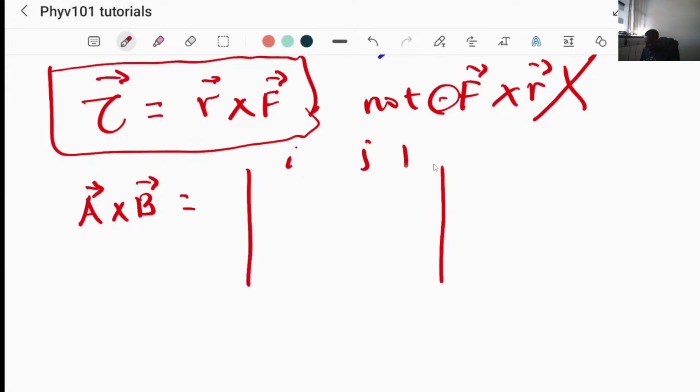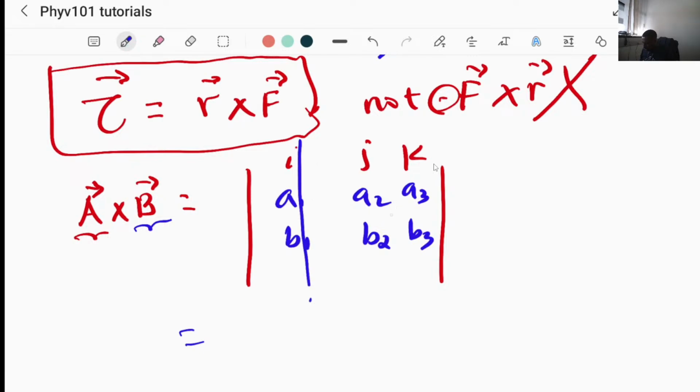I, J, K. If the components of A are A1, A2, A3, and those of B are B1, B2, B3, what do we say? When you find the X component, you delete this one, and you go A2, B3, minus, you go backward, A3, B2, along the I component.